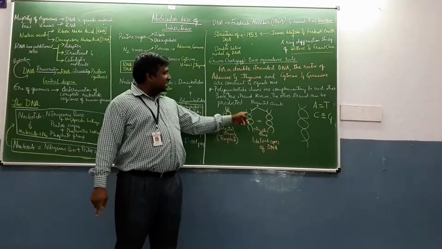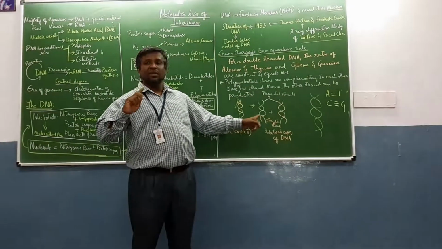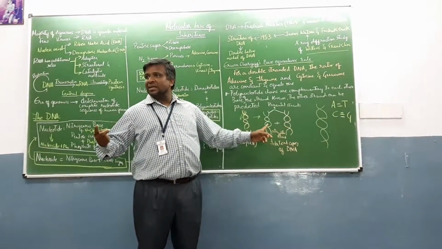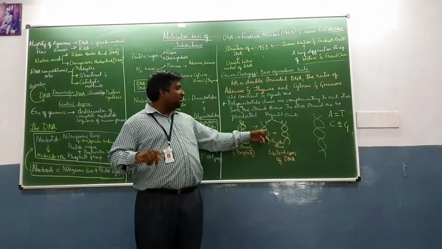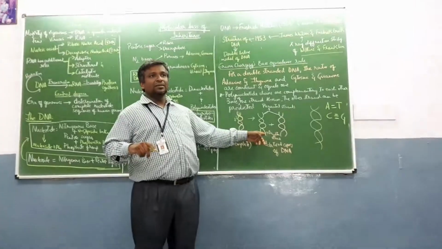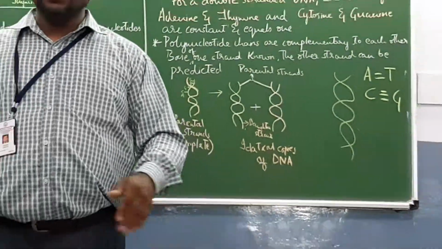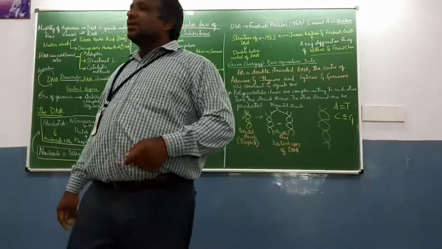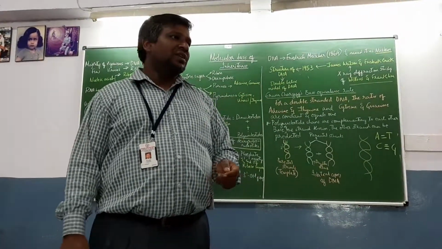The parental strand we call the template strand, and the newly synthesized strand we call the daughter strand. Template strand is written in white chalk, see. This is the semi-conservative mode of replication of DNA, which we'll discuss in later classes. This is what you have to know for the introduction of DNA.